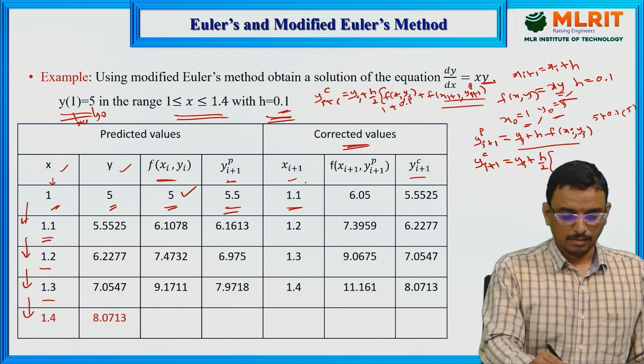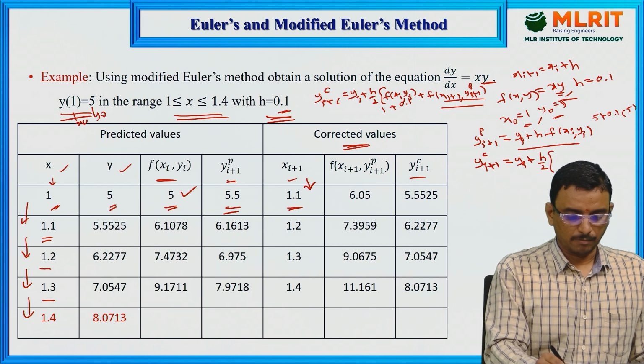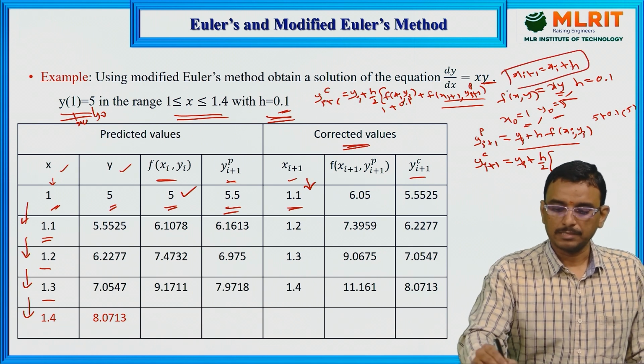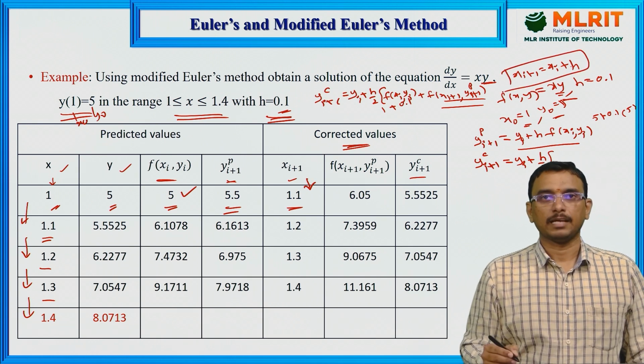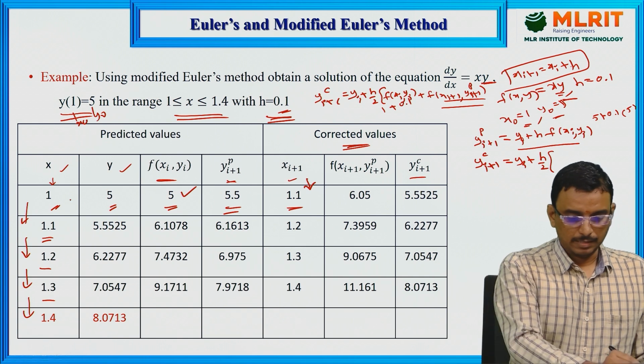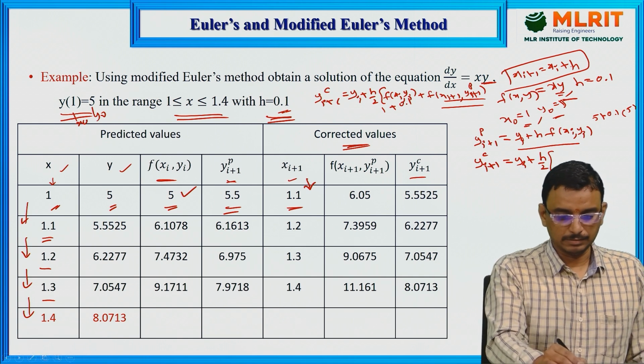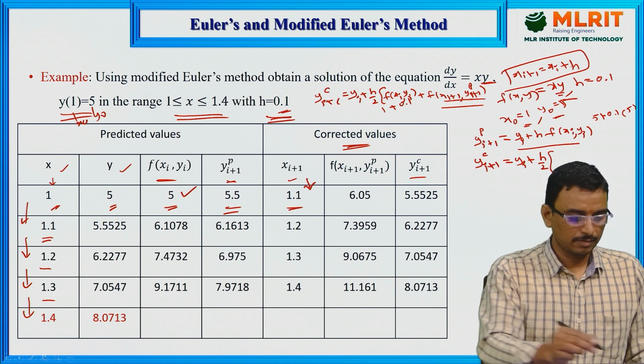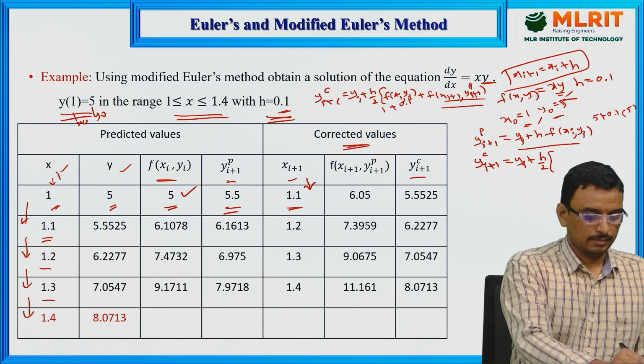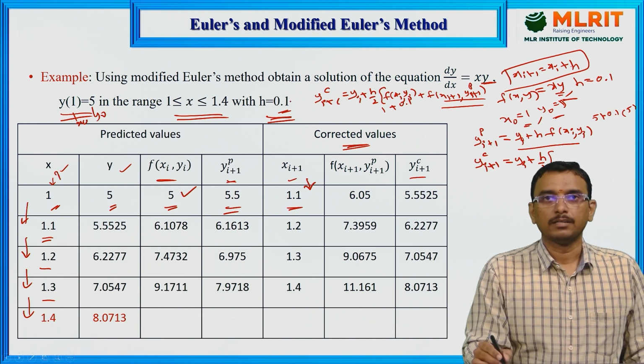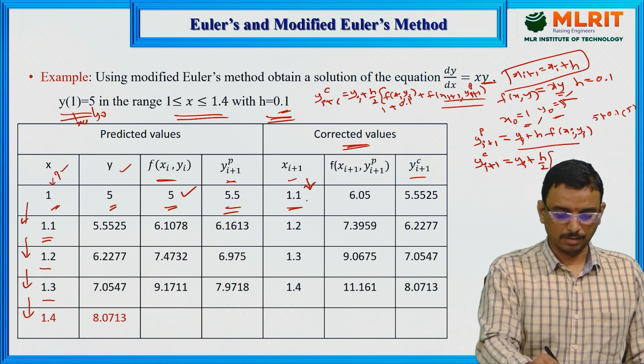Now this is the value corresponding to the incremented x value of 1.1, using x i plus 1 is equal to x i plus h. So x i is 1 and h is 0.1, so 1 plus 0.1 is 1.1.